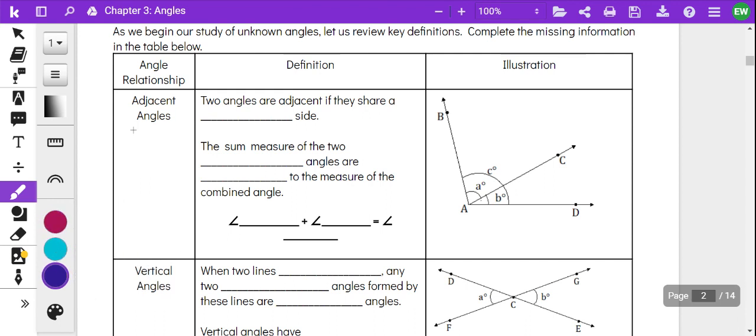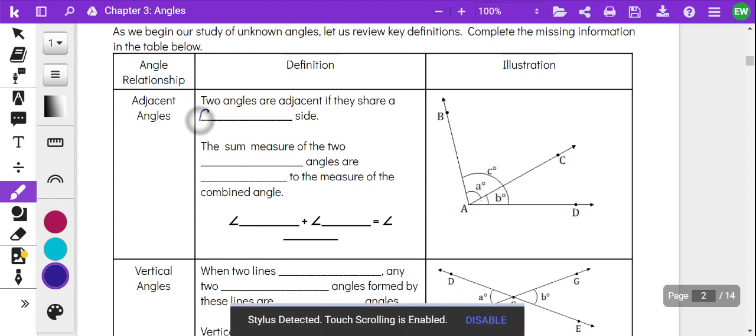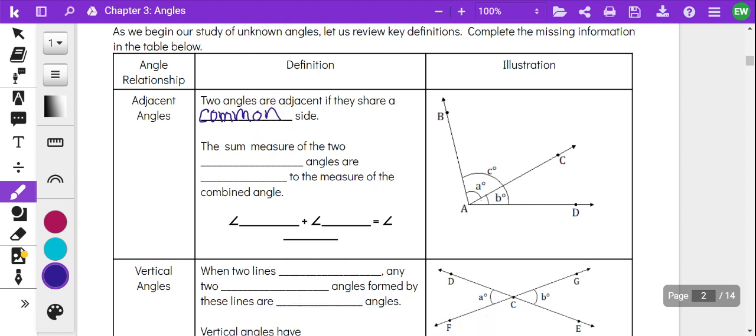term we are going to look at is adjacent angles. Okay, so two angles are adjacent if they share a common side. Okay, the sum measure of two adjacent angles are equal to the measure of the combined angles.